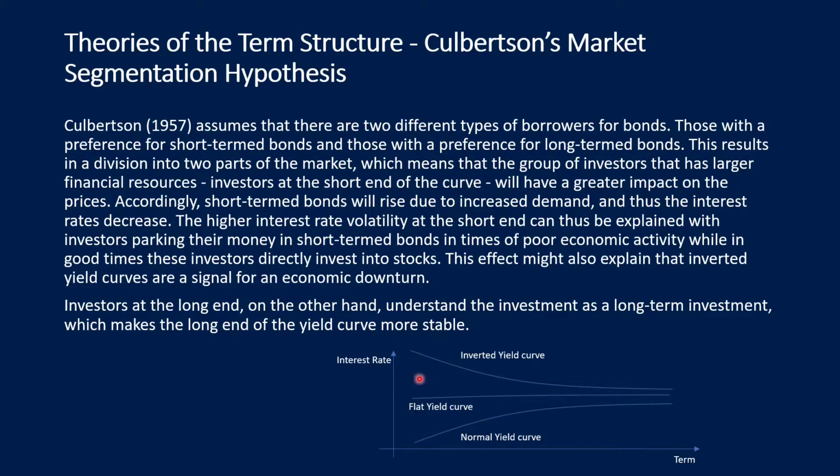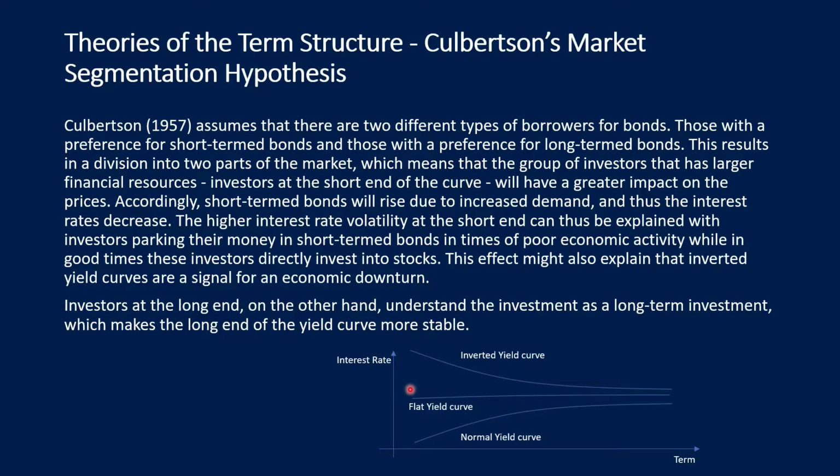The volatility, so that these interest rates go more up and down, as we see here, than in the long run, can also be explained with investors parking their money in short-term bonds when the economic activity is poor. And if the economic activity is good, they rather go into stocks than into bonds, so they take their money out again.